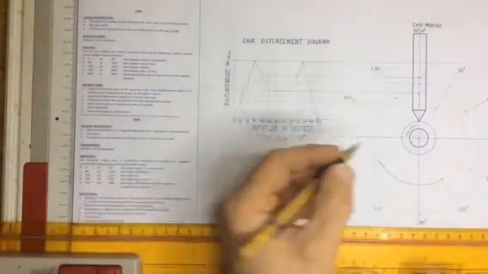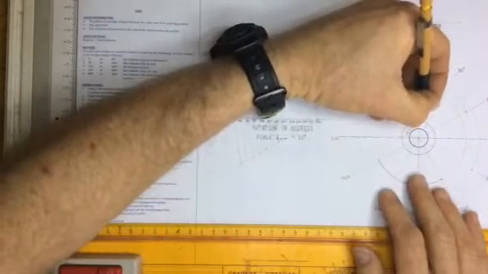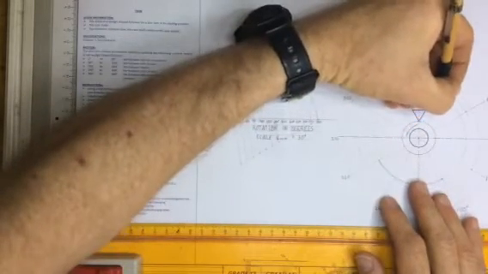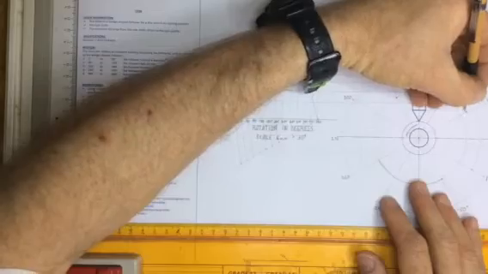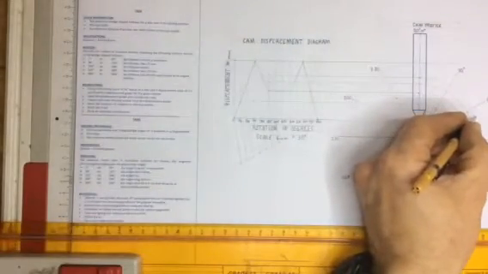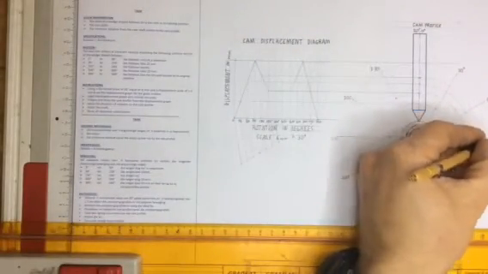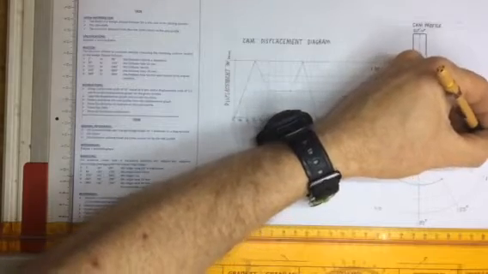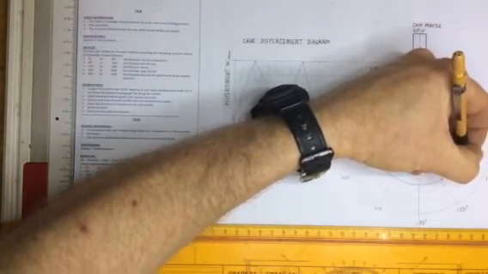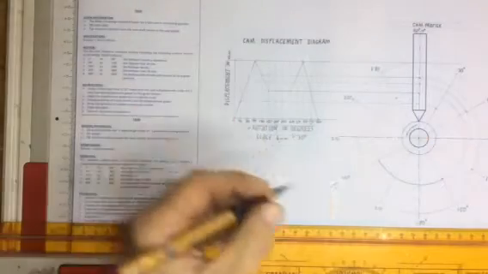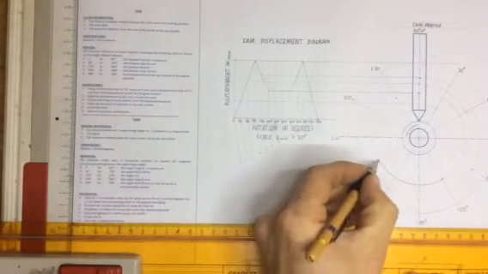Once I've got those points in place, I then need to construct these arcs that are going to give me the curve that I need. I'm just putting little dashes between these points to get a nice feel as to what the curve looks like.